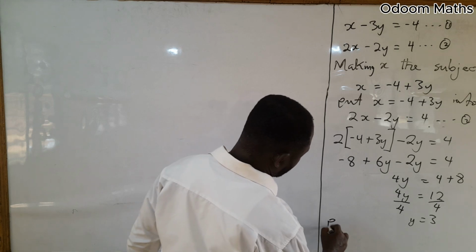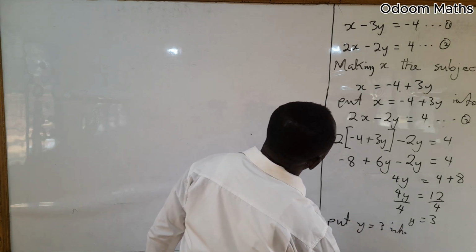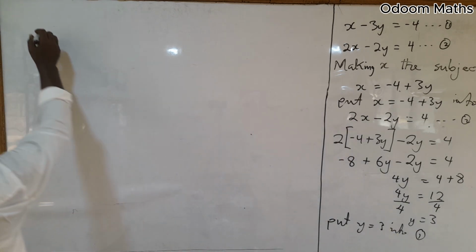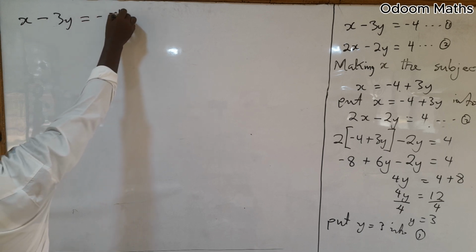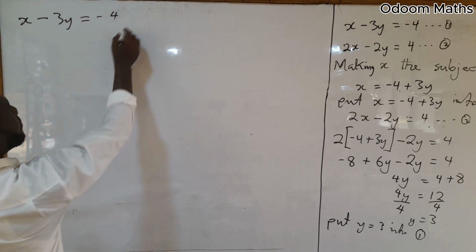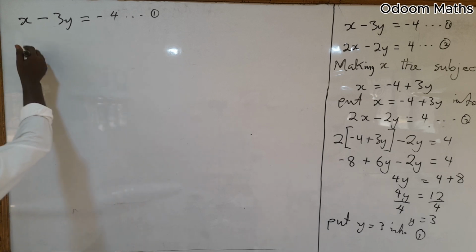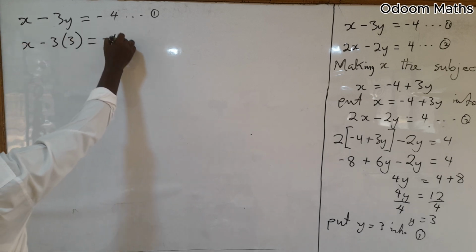Now, since y is 3, we can put y equals 3 into any of the equations, so equation 1. Equation 1 is x minus 3y equals negative 4. So x minus 3 into 3 equals negative 4.